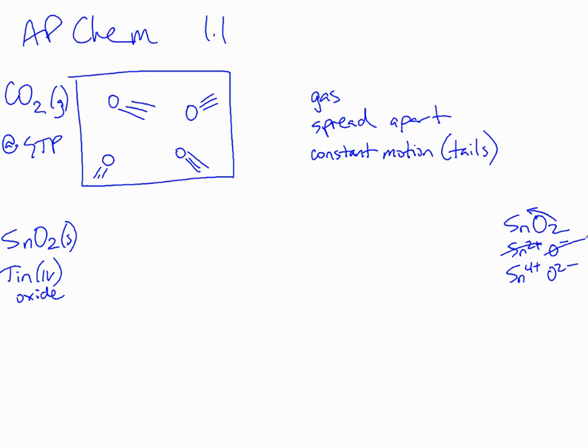Okay. And so the structure of this one, let's talk about it first. Is this ionic, molecular? What do you think? Ionic, yeah. It is ionic. And we already talked about the charges, so that's one clue.